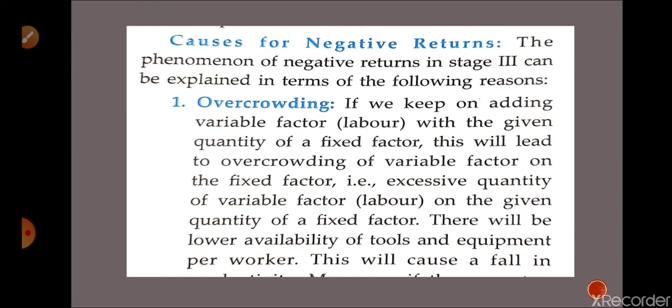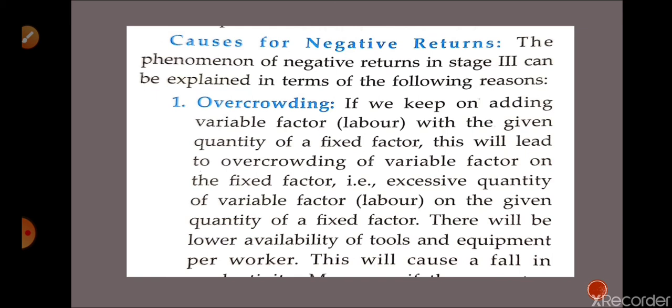So what will happen? This is known as overcrowding. So this will cause a fall in productivity, and if there are too many workers on a given amount of fixed factors, then they will disturb others. As one proverb says, too many cooks spoil the broth. So this applies in this situation.